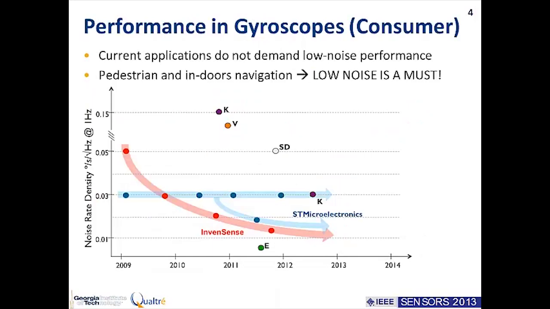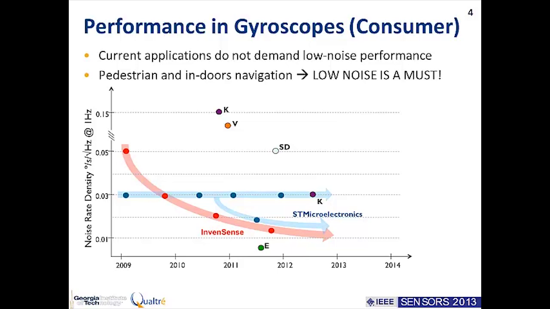But if we really want to enable this new set of applications like pedestrian navigation, what really matters is performance. If we see how things have evolved throughout the years, particularly for these two main companies, we can see that they have done a pretty good job in reducing the overall noise of their devices.